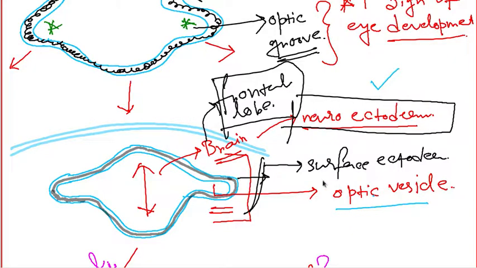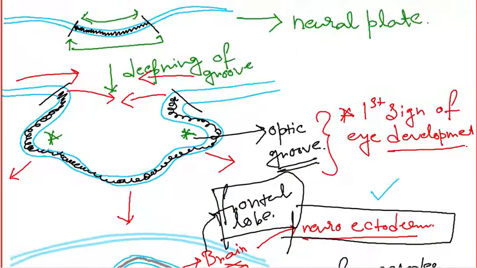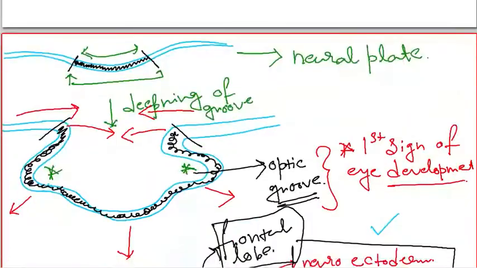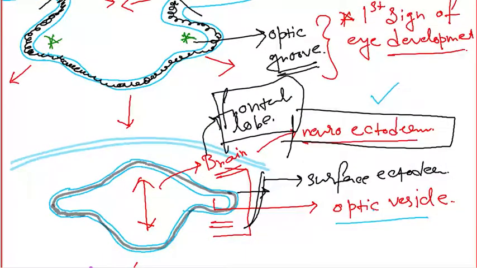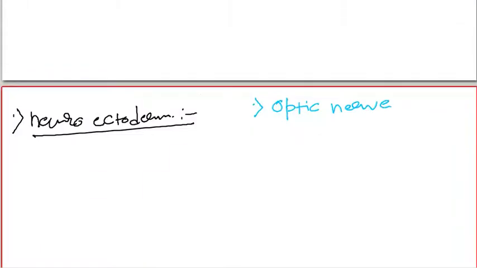When this optic vesicle enlarges laterally, it will form the optic stalk and the bulb, and this optic stalk will eventually give rise to the optic nerve. So it is a part of neuroectoderm. So the first structure which neuroectoderm gives rise to is the optic vesicle.